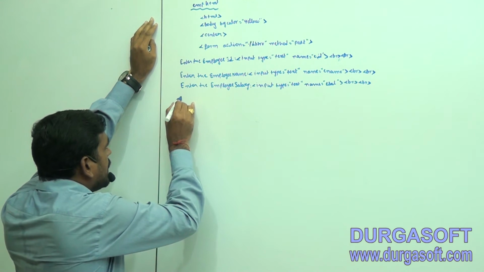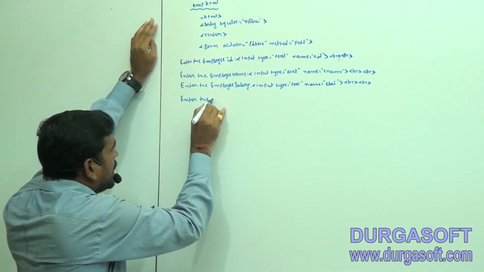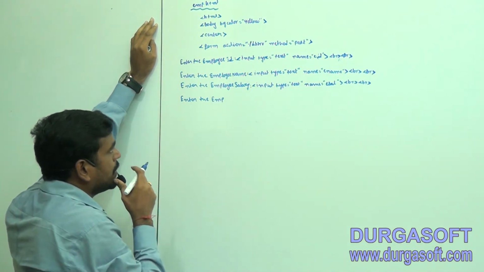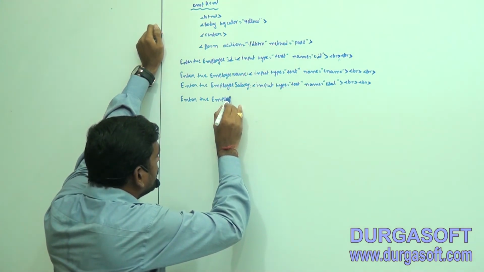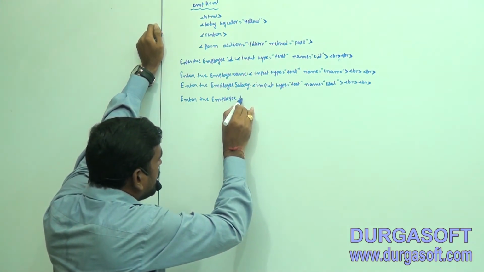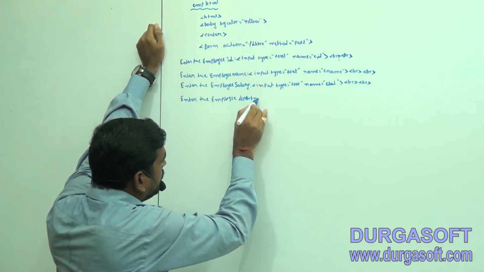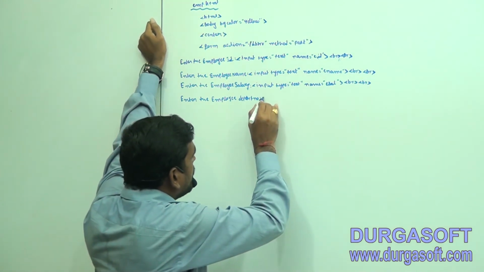The next, enter the employee department number. Input type is equal to text.